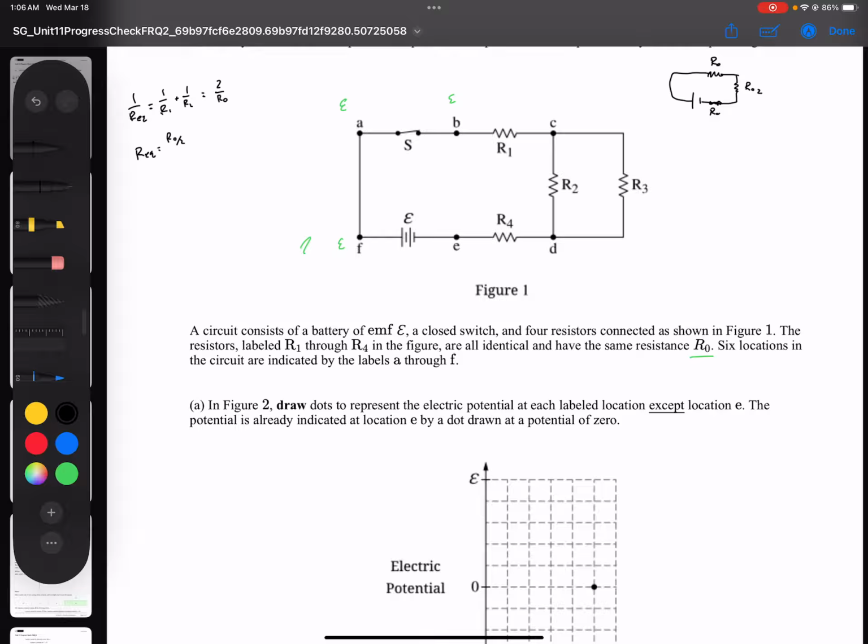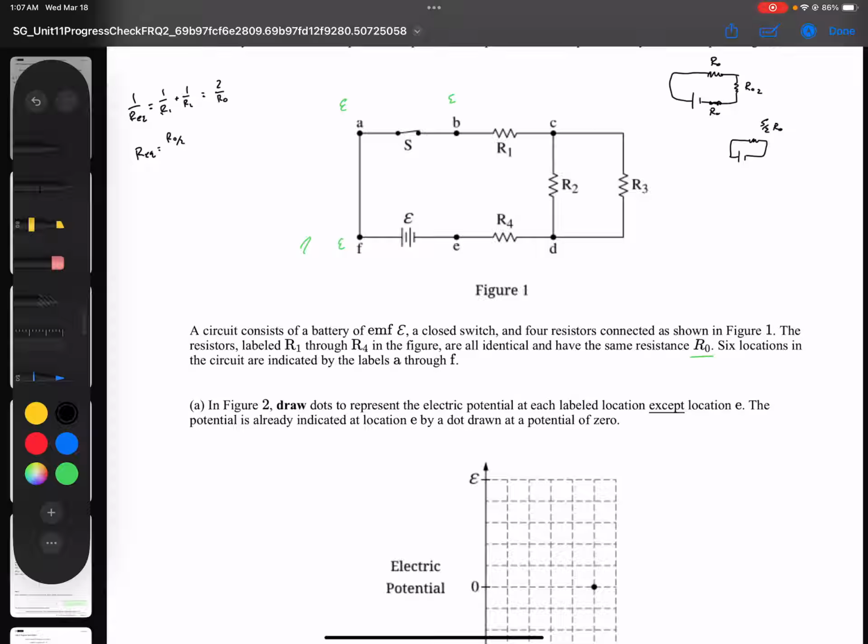These are now all in series, and for series you just add them up. So the load on the battery is a resistor with a value of 2.5 times R naught, or 5 over 2 R naught.